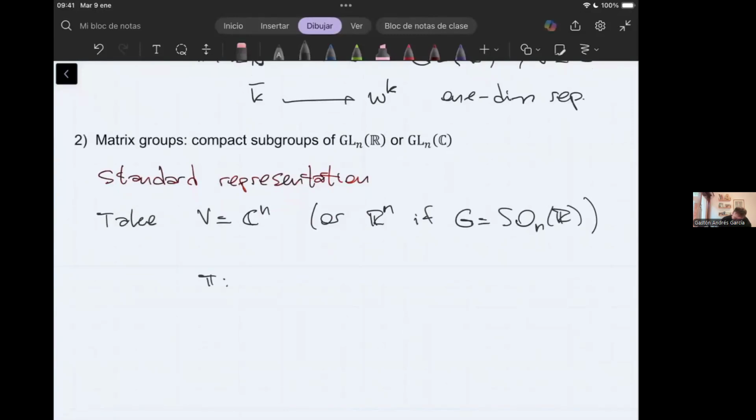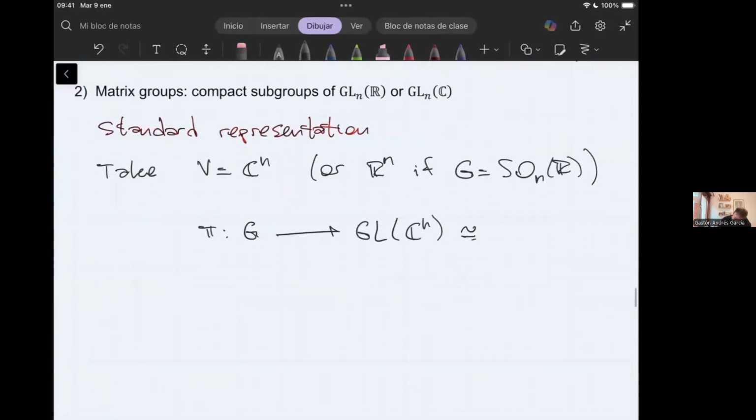So we take pi to be a map that goes to the group GL_n(C), which is actually isomorphic to the invertible n by n matrices. And to any element A of the group, we're talking about matrix groups, okay?